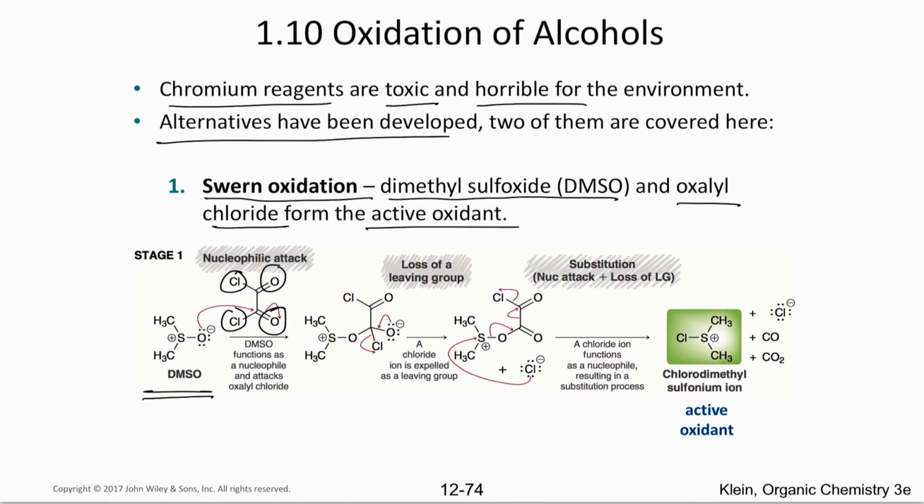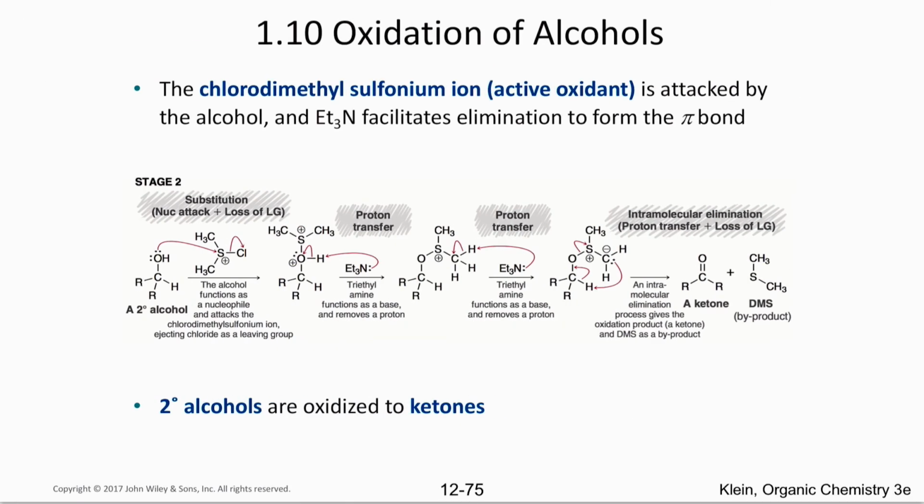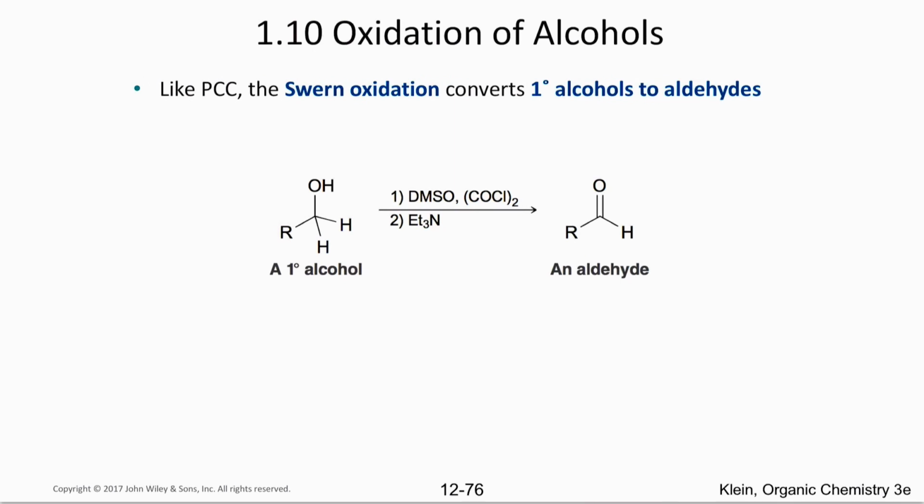This also creates the same effect as the original compound, so there's not much difference here. Swern oxidation also converts primary alcohols into aldehydes and does not have the same problem as chromic acid, where it converts it into a carboxylic acid. So the oxidation only occurs until it forms an aldehyde.